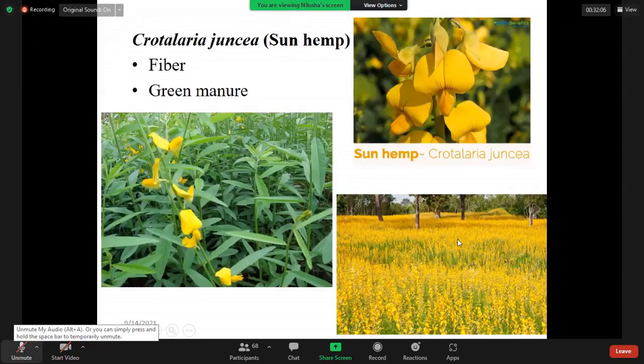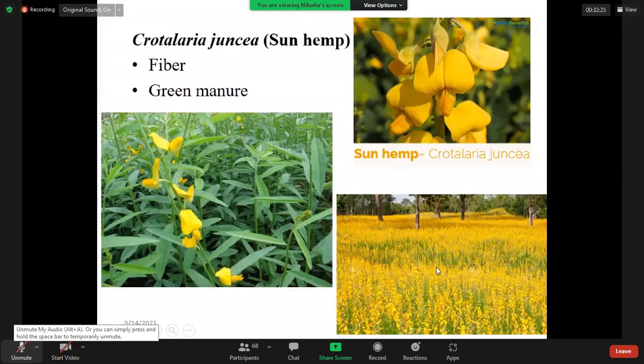So before cultivation of one crop, normally on some land we cultivate this sunhemp. Then after it attains a certain stage, we plow the land with this Crotalaria.